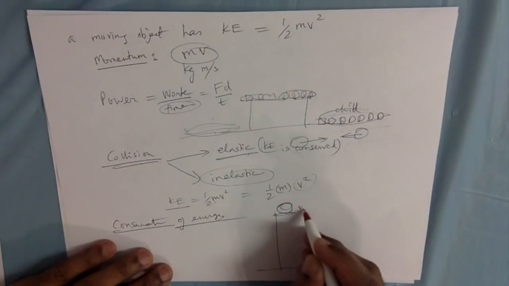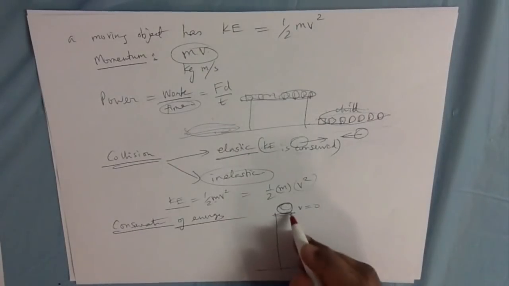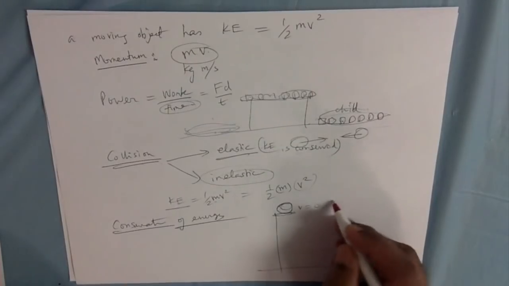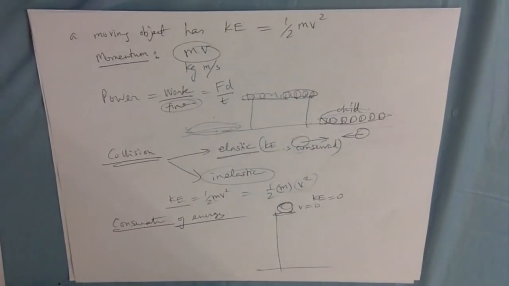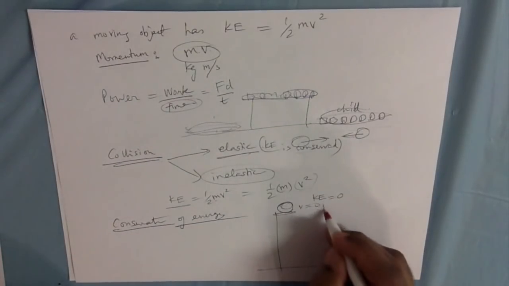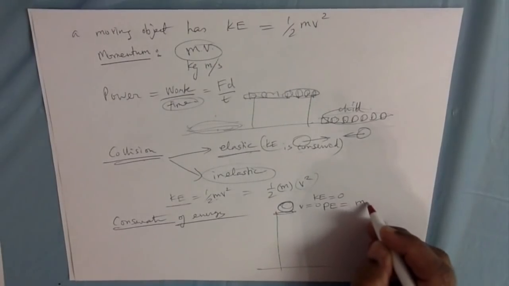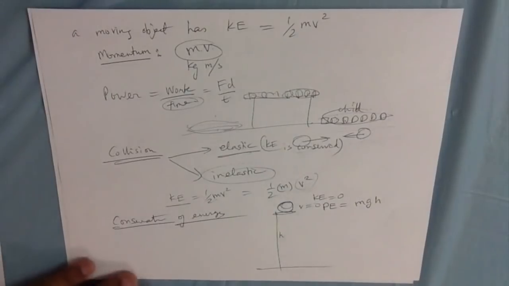Let's say the initial velocity is 0 here; it just barely started rolling down. So the velocity is 0, which means kinetic energy is 0 at this point. But it has potential energy. Gravitational potential energy is mass times gravity times height. This is the height we're talking about.